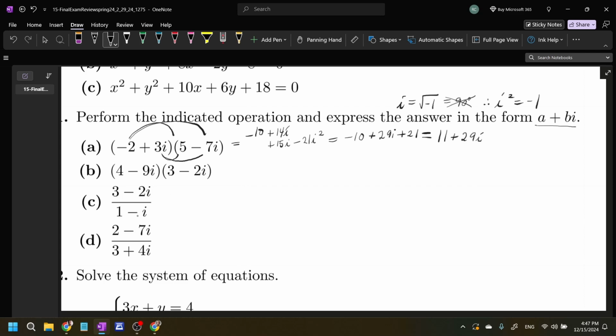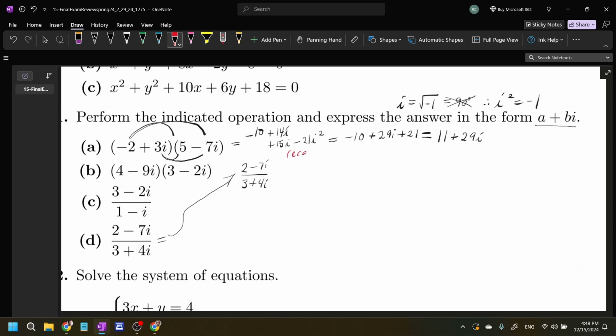All right. Let's now tackle this one. Actually, let's do D. That one's more difficult. If you can do D, you can definitely do C. This is going to take quite a bit of space, so I'm going to just start up here. The first thing we're going to do, let me just rewrite this, 2 minus 7i over 3 plus 4i. Please remember your complex conjugate theorem.